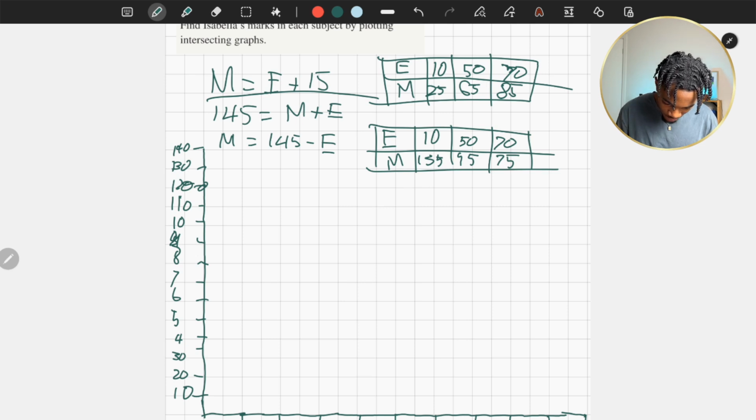So 10 and 25, 50 and 65, and 70 and 85, about here. The y-intercept is 15. So here, and then just draw a line through these.